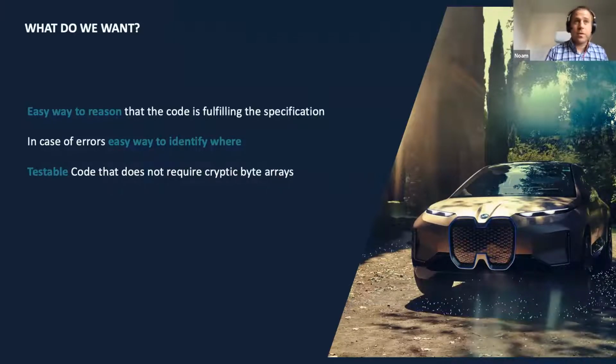But that's not good enough for us. The byte arrays might change, and we want to be able to reason that our code is testable and does exactly what it's supposed to do, not just because somebody took some byte array one day. I hope I will manage to prove that we got that.